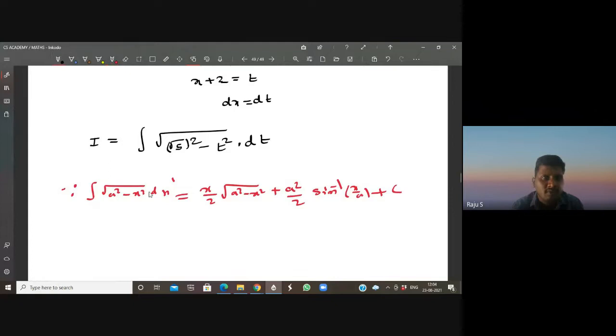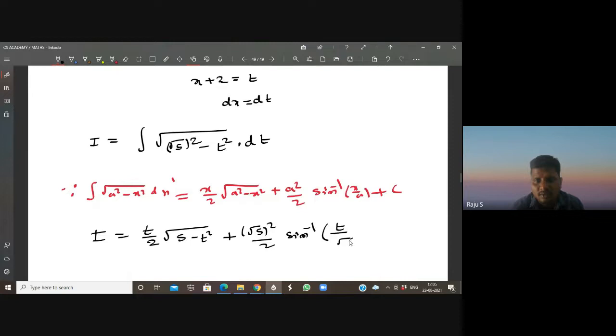With the help of this, I is equal to t by 2 root over a square, that is 5 minus t square, plus a square, that is root 5 the whole square by 2, sine inverse x by a, that is t by root 5, plus c. Here a value is root 5, students. x value is t.